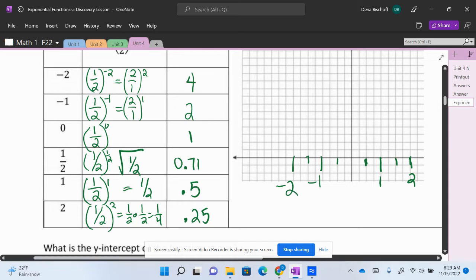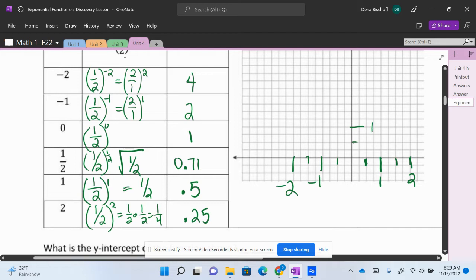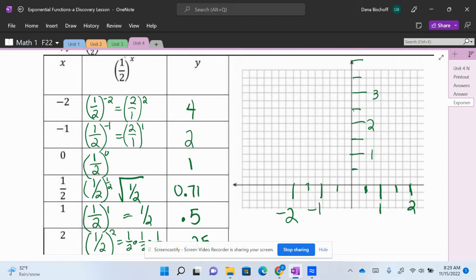And then when I counted my y-axis, I went up to 1/2, 1, 1 and 1/2, 2, 2 and 1/2, 3, 3 and 1/2, 4, just like that.